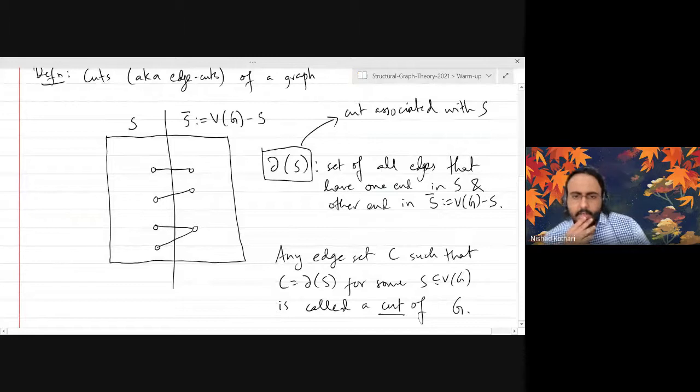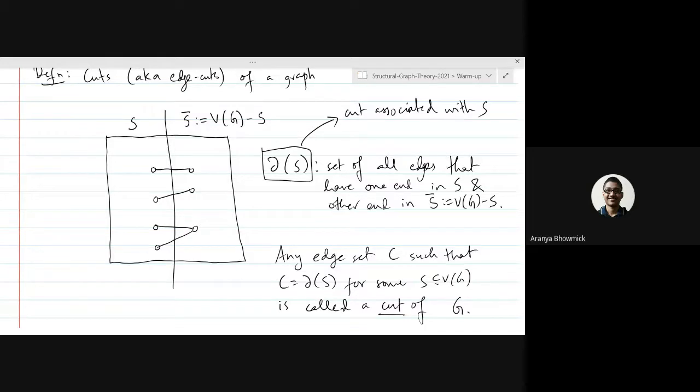Is the definition clear? So I like to emphasize that the edge set, sorry, go ahead. Yes, sir, here by cut we mean edge cut, right? Yes.